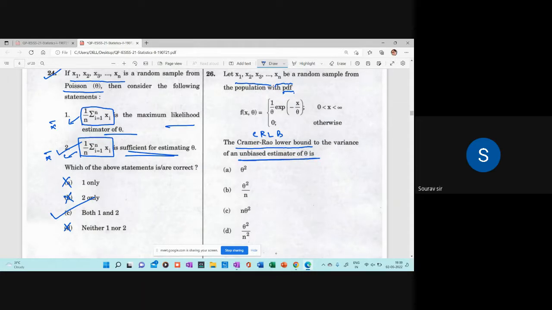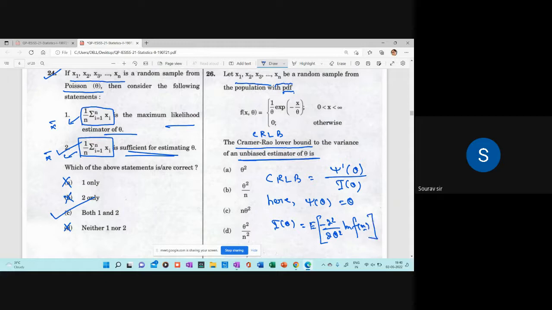So we know the formula of CRLB, that CRLB is equal to psi prime theta squared by I theta. What is my psi theta here? Here psi theta is theta itself. And what is my I theta? I prefer using the formula of I theta as the negative expectation of the second partial derivative with respect to theta of the log likelihood.